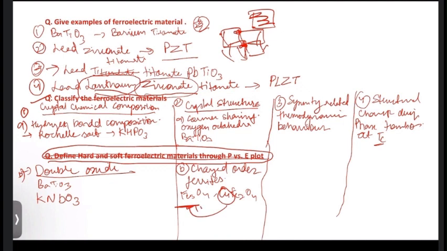On the basis of symmetry, we have two other subclassifications: non-centrosymmetric non-polar, and another, centropolar.